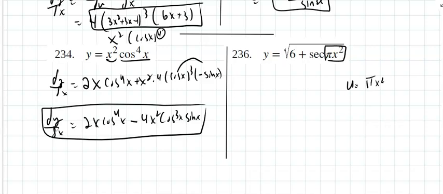And I'm going to let w equal 6 plus secant of u, and that means y must be the square root of w.